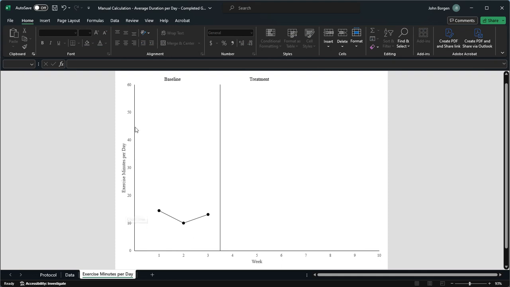We have our y-axis. This is our vertical axis. It is perpendicular to the ground or the bottom of your screen. It is labeled as exercise minutes per day. Try to be pithy with your axis labels and describe only what makes it go up and down or left and right.